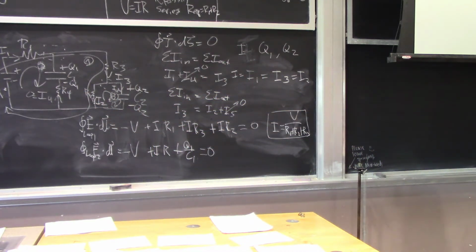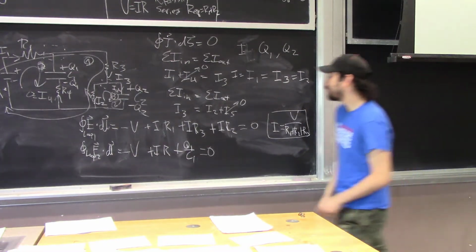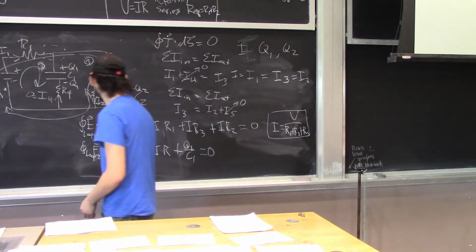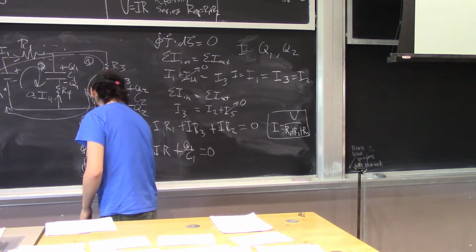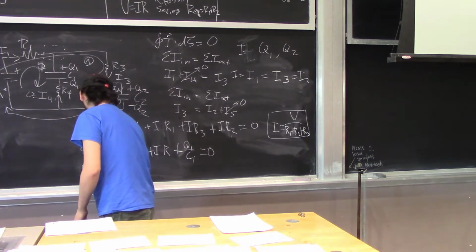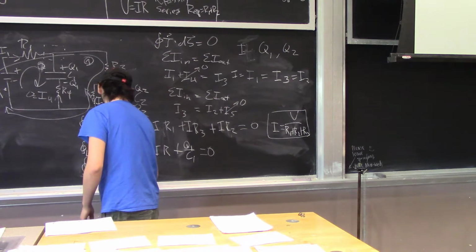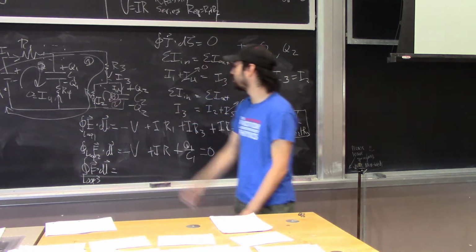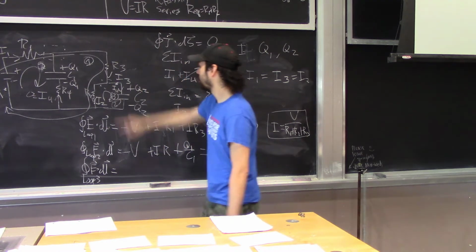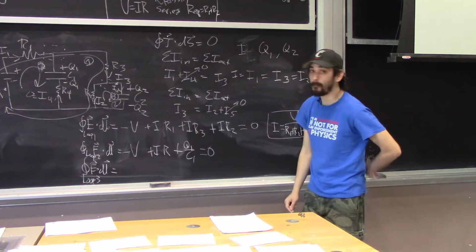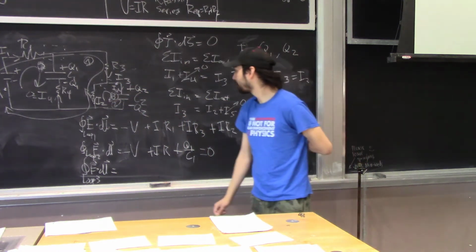Yeah, okay, good. Last piece, this one. It's a nice easy loop here. So the integral of E dot dl for loop 3 is going to be equal to, let's start here. Going around the loop, what do we see? C2.